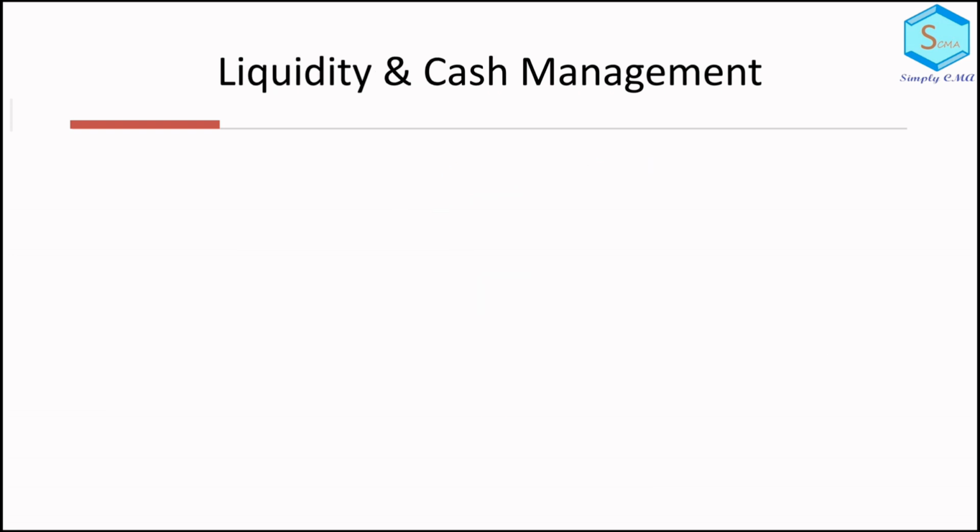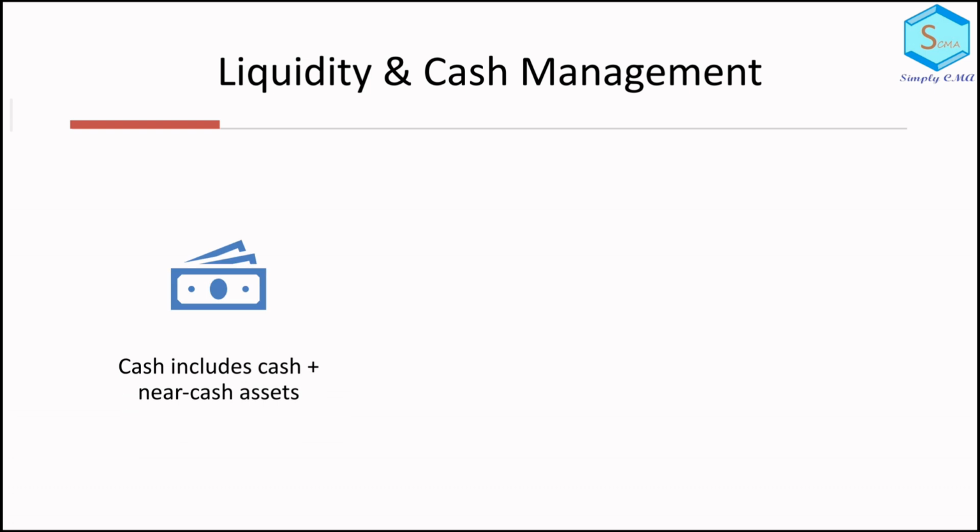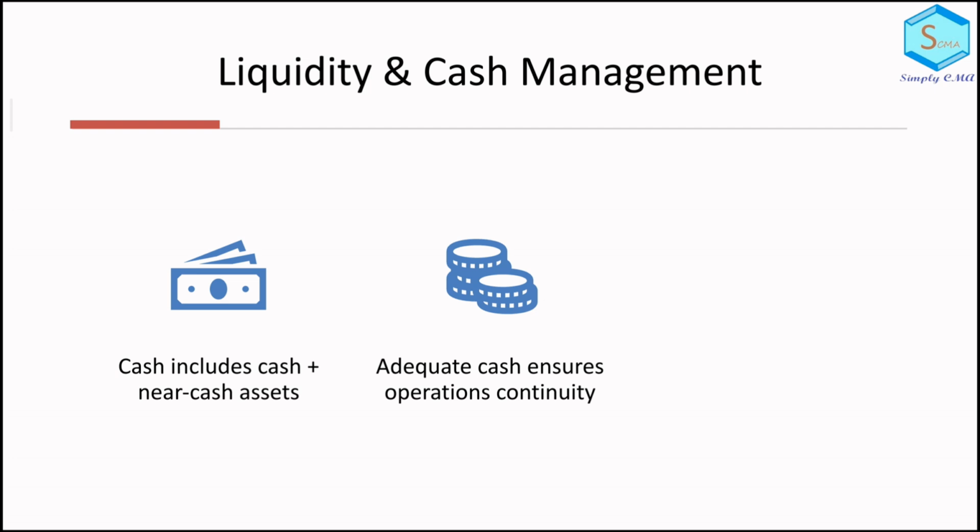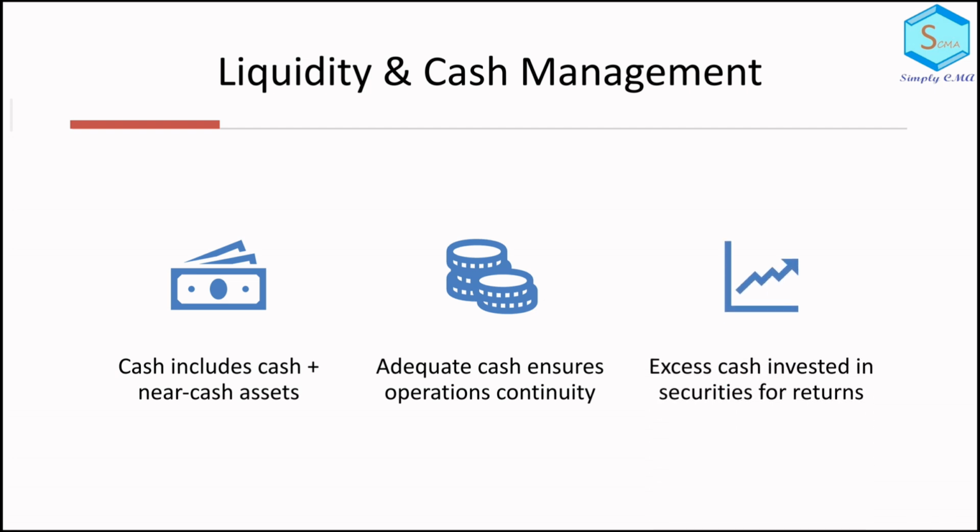Next comes liquidity and cash management. Cash includes cash plus near cash assets. That is, it is not cash, but it is like cash. That is, bank balance is also equivalent to cash. Adequate cash ensures operations continuity.